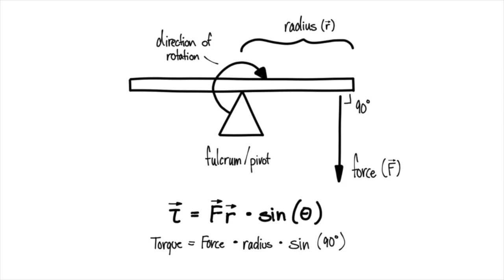Torque is defined as the product of the force F applied on a lever arm, the distance or radius r from the point of application to the pivot point, then multiplied by the sine of angle theta between the force and the lever arm. However, since all the forces are perpendicular to the lever arm, sine theta will always be equal to 1, so we can reduce this equation to just force times radius.